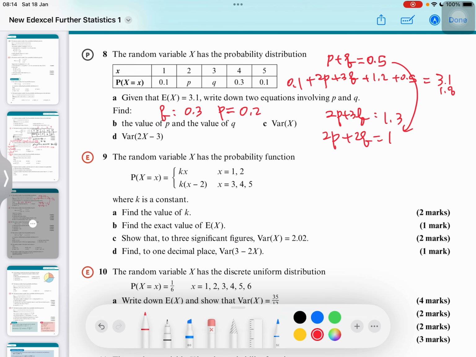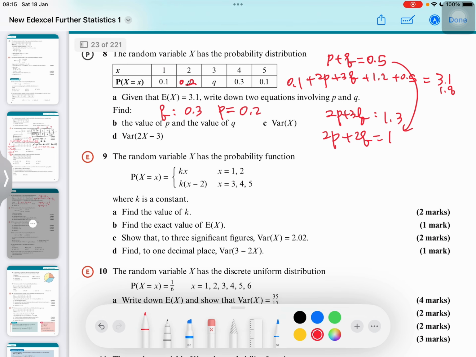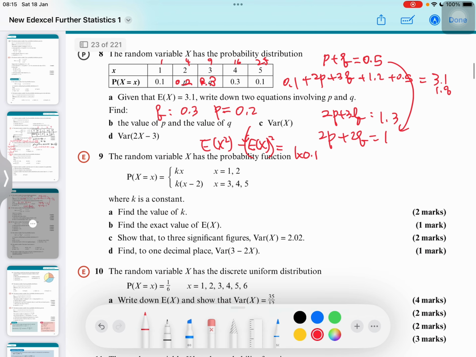Variance of x. Now here 0.2, 0.3. So the squares are 1, 4, 9, 16, 25. Again, expectation of squares minus square of expectation. So 1 times 0.1, 4 times 0.2, 9 times 0.3, 16 times 0.3, 25 times 0.1, minus 3.1 squared.